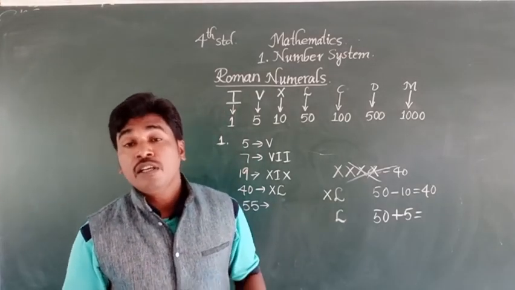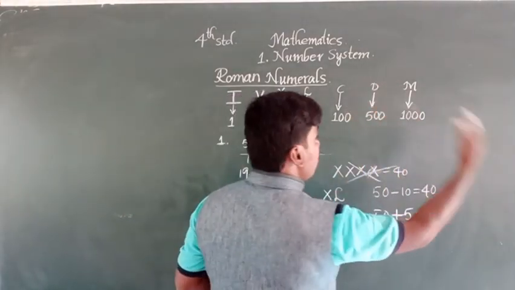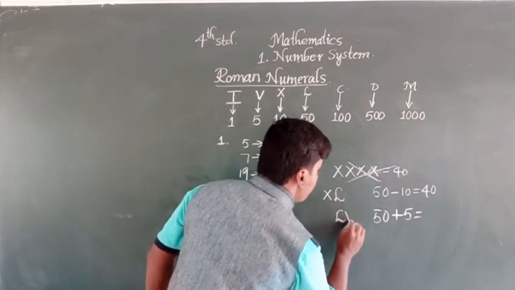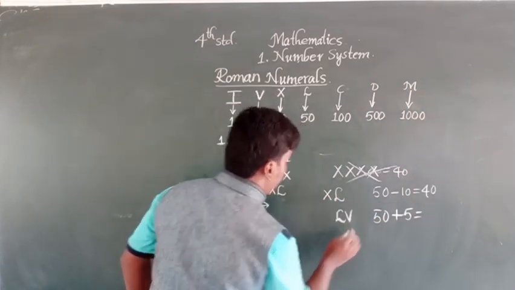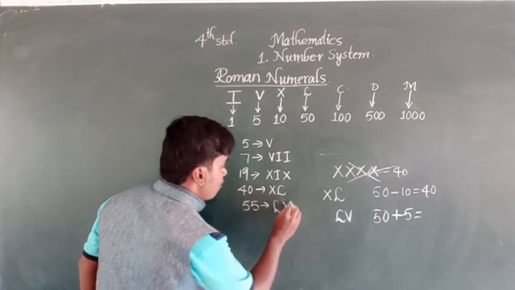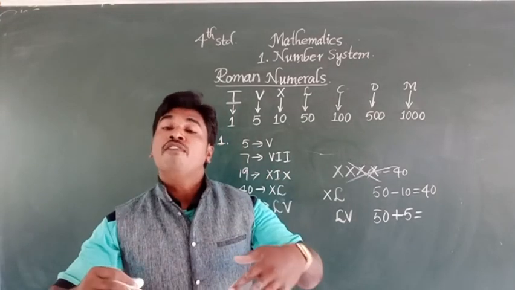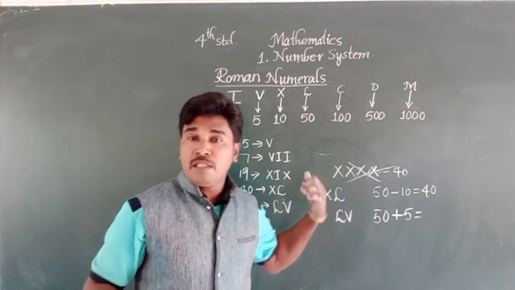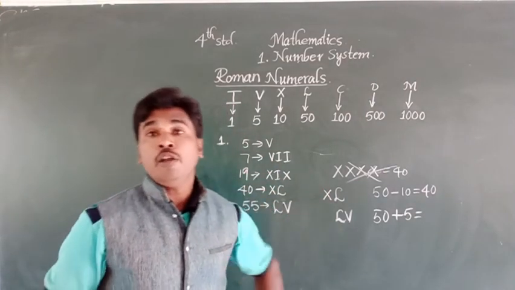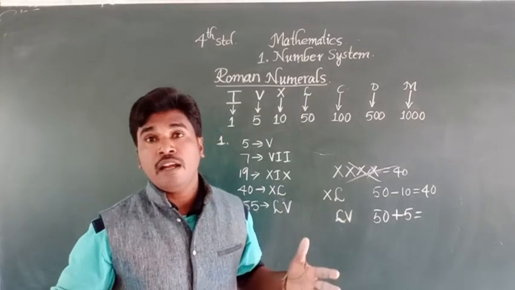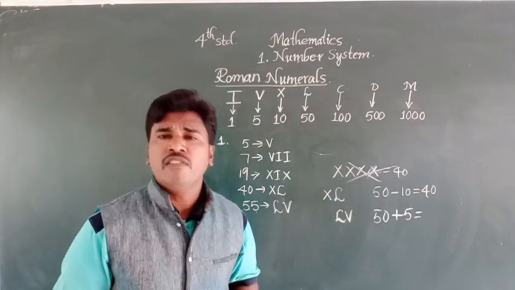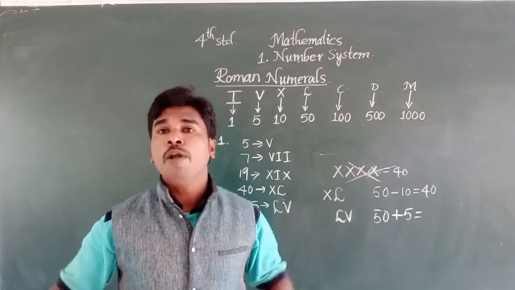Adding means you must write it on the right side. It is V. L, V indicates that 55. So in this way, if you keep practicing this type of numbers into Roman numerals, you can easily understand. Whatever numbers will be given, you can write it in Roman numerals.